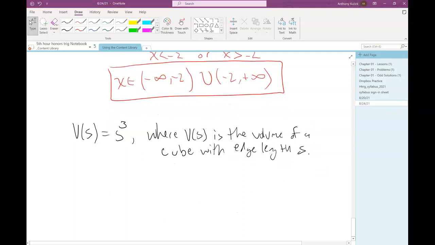Here we're given some context about the independent variable, right? So immediately we see that there's some extra information here. This extra information is going to be used to determine its implied domain.